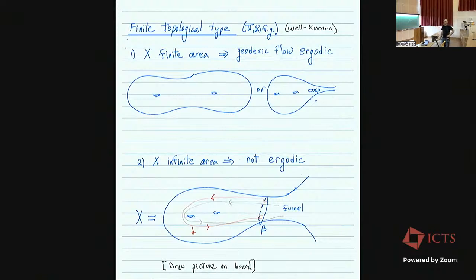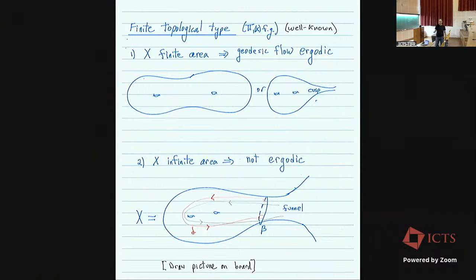That takes a lot of work, and I'm not going to prove that for you. But in the finite type case, if X is infinite area, then you're guaranteed the geodesic flow is not ergodic. If you're infinite area and finite type, you have to have attached funnels, and that could be parlayed into showing the geodesic flow is not ergodic.